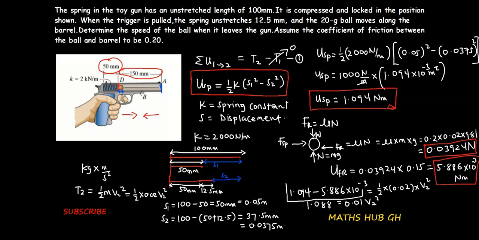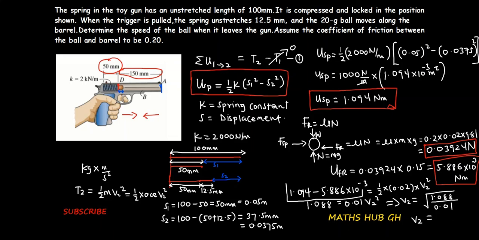So now I want to find v2. So we are going to have v2 equal to the square root of 1.088 divided by 0.01. So let's see what we get for v2.